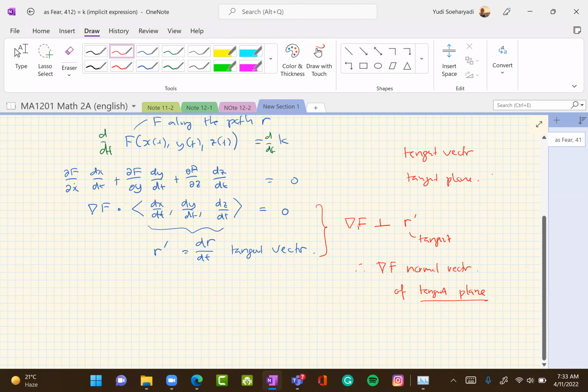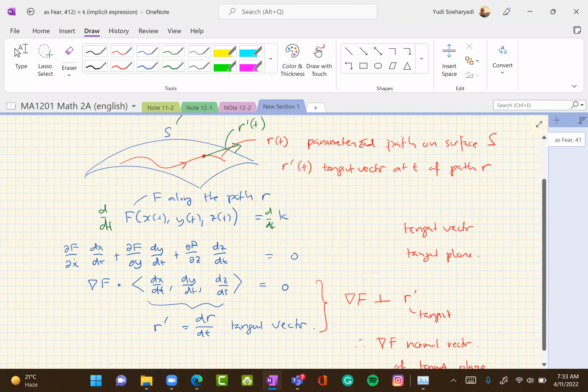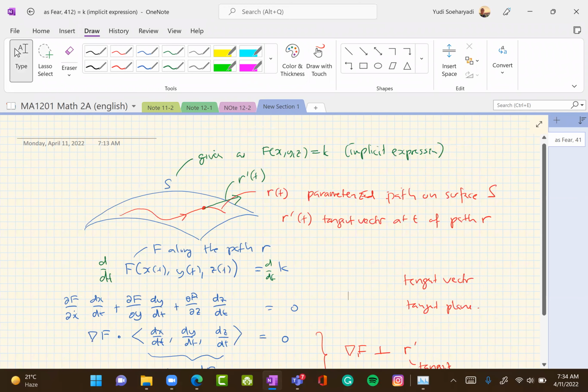If we return to the picture, the green one, the r prime, so this is the normal. So where is the tangent plane? The tangent plane should be something that looks like this one here. So this is the tangent plane.